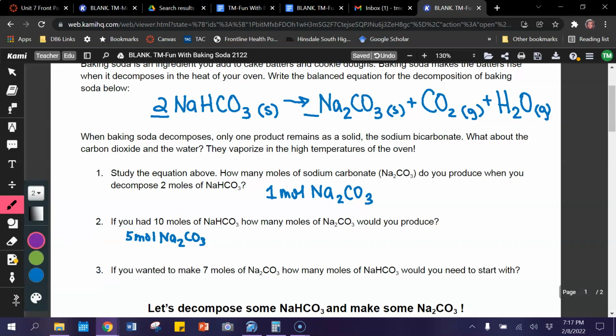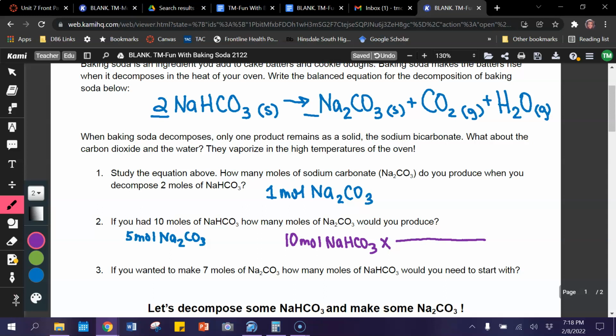So let me show you how to do that. So always start with what you're given in the problem, which in this case is 10 moles of sodium bicarbonate. And now we're going to multiply that by the mole ratio that's in our equation.